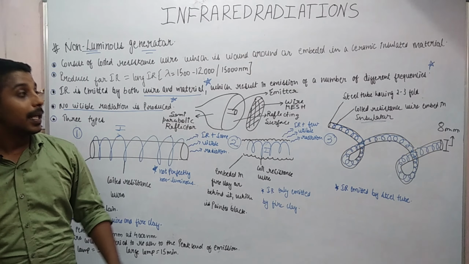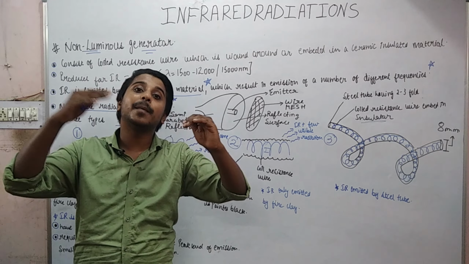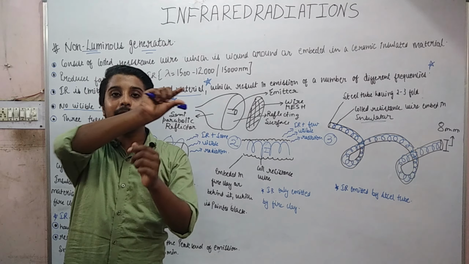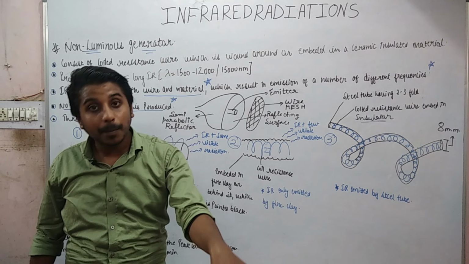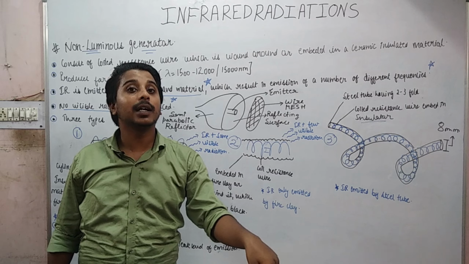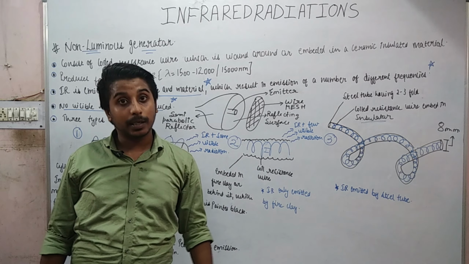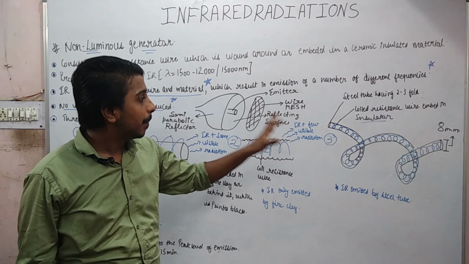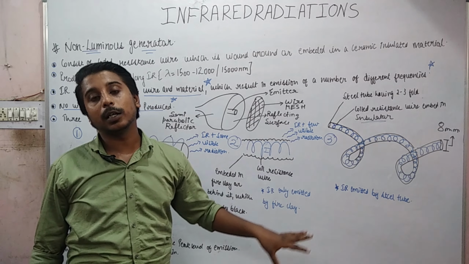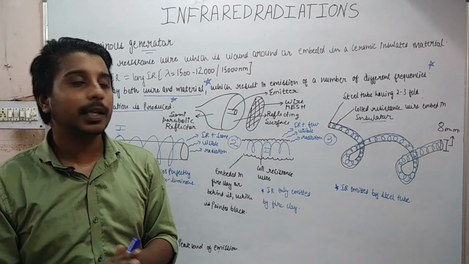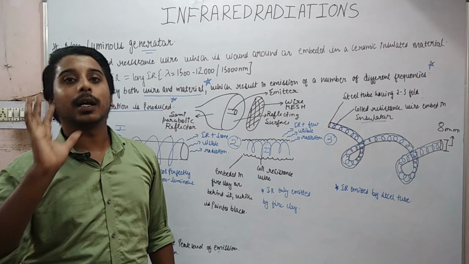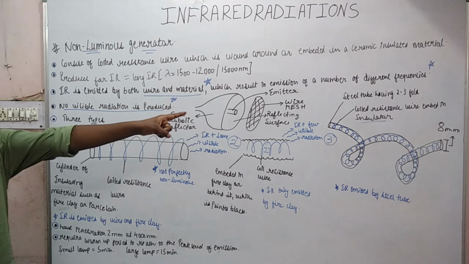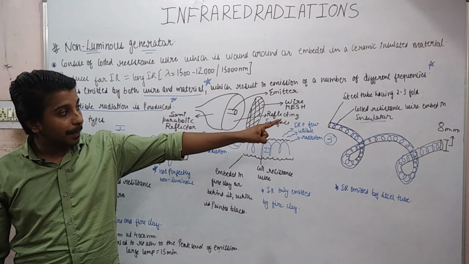What does this mean? Here the wire is covered by insulation, then placed in the tube. The insulator is an insulator of current, but it is a good conductor of heat. It can conduct the heat but not the current. Why have I written coiled resistance wire embedded in insulator?